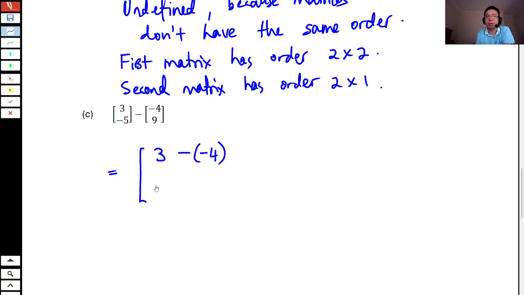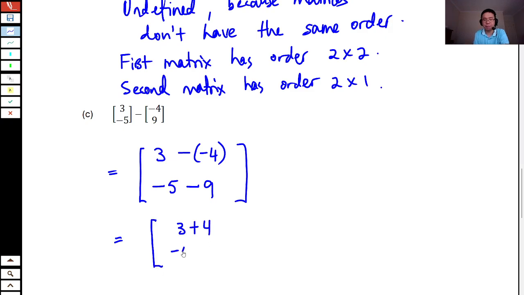And the second number is going to be -5 minus 9. The reason why I put brackets here is because I'm showing that I'm subtracting a number. You don't have to do that, but I prefer to do that. When I subtract a negative number, it's the same as adding the positive version of that number. And so my final answer is going to be 7, -14.